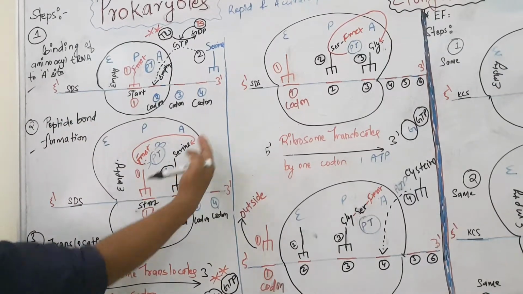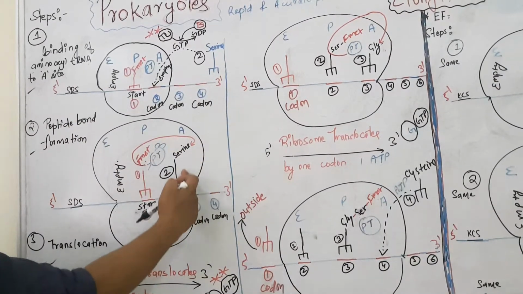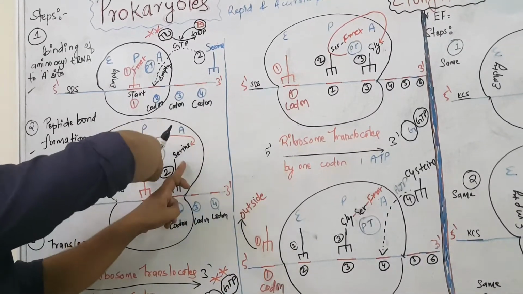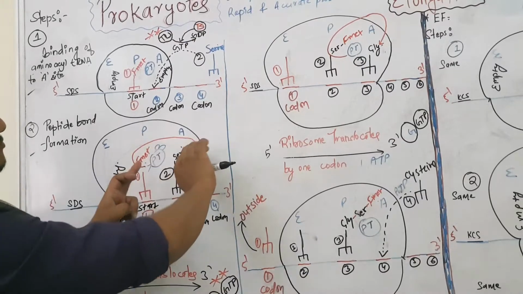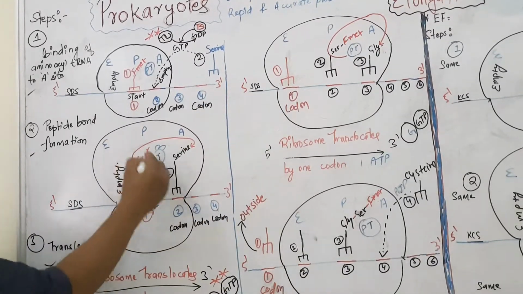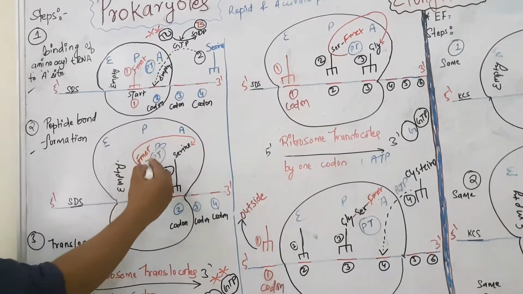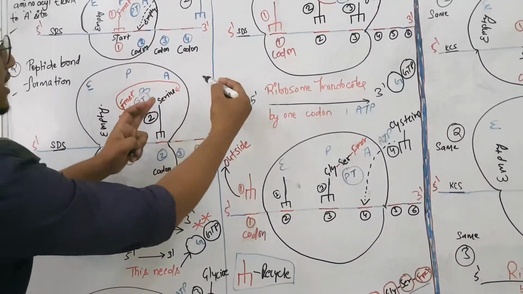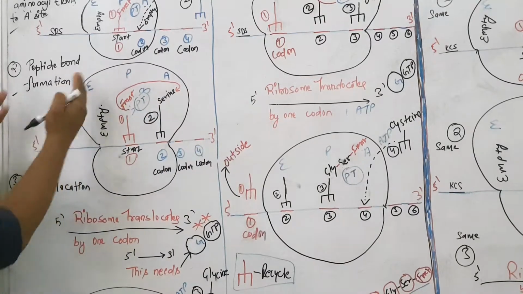The amino acid which has now been transported to the A site will be used to make a peptide bond. The amino acid will be joined by peptidyl transferase to make a chain. So this is your peptide bond formation.